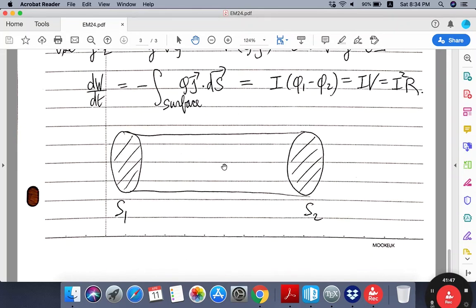Now imagine the surface to be a cylindrical surface, the manifestation of a current-carrying wire, and the two end surfaces are denoted as S1 and S2, and the current will flow down the cylinder.